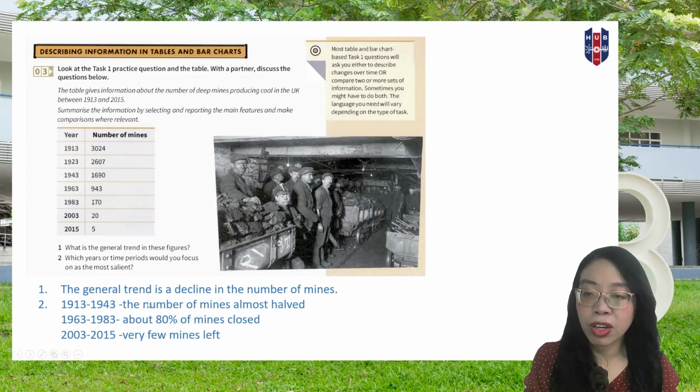So the number is almost halved. The next period is from 1963 to 1983. Notice that for 1963 we have around 943. That means it's still nearly 1,000, right? However, until 1983 there's only nearly 200 left, 170, right?